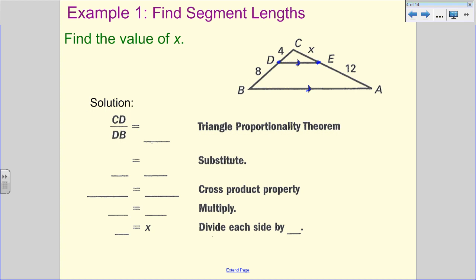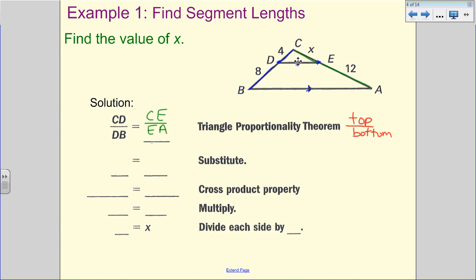So we have CD to DB is going to be equal to CE to EA, top to bottom. And so that's the ratio that we're setting up when we talk about this triangle proportionality theorem. We're doing top to bottom. And these are segments, not sides.